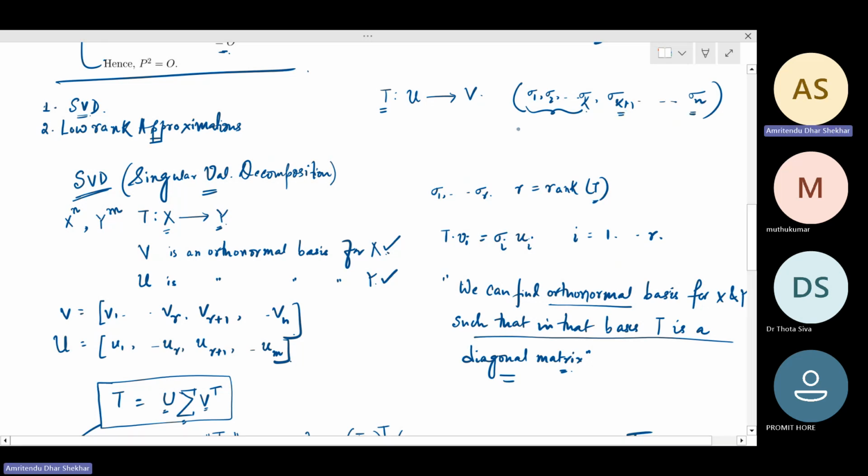Let's put some concrete examples. Let's say n is equal to 1 million. So it's a very large space, a space from 1 million dimensions to another space.